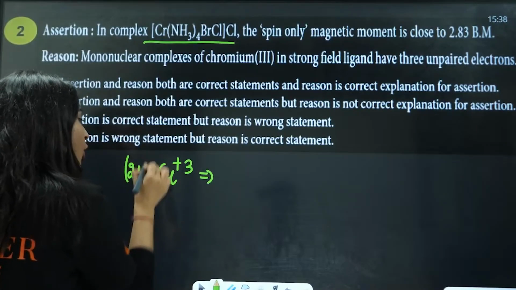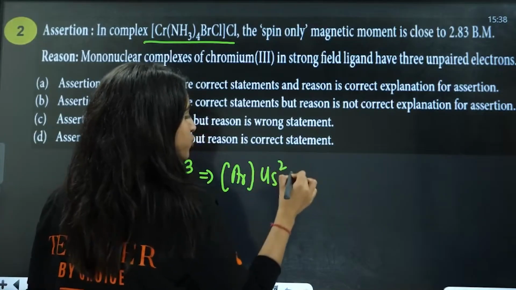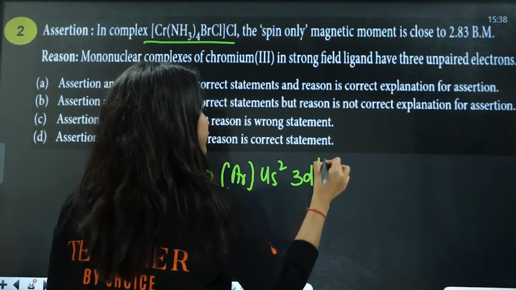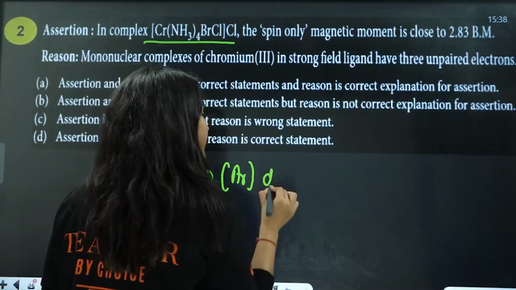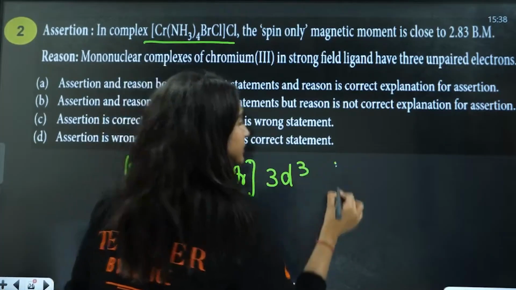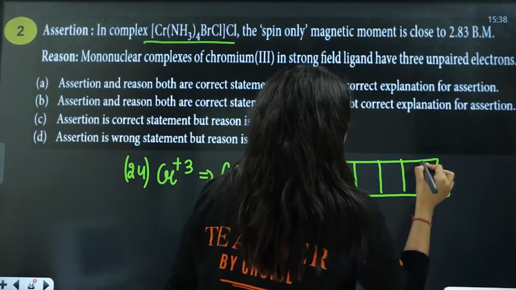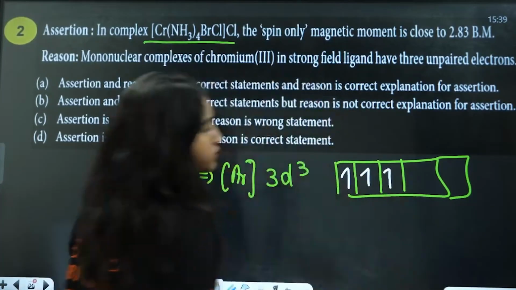Chromium has atomic number 24, so it is argon, 4s2, 3d4. After losing 3 electrons it becomes 3d3. That means we are going to have 3 unpaired electrons here.